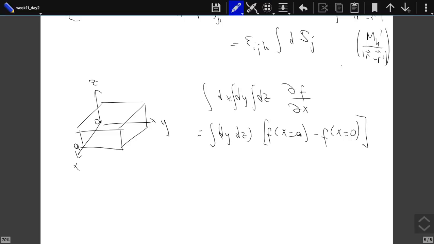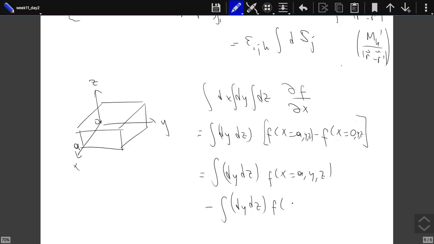Of course, this f also depends on y and z. This is equal to dy dz f at x equal to a, y, z, minus dy dz f at x equal to 0, of y and z.